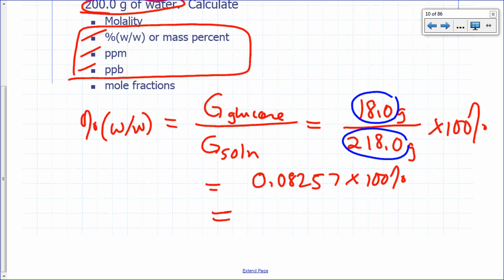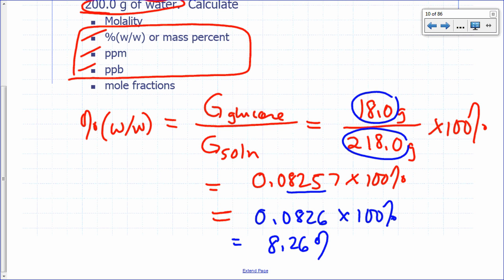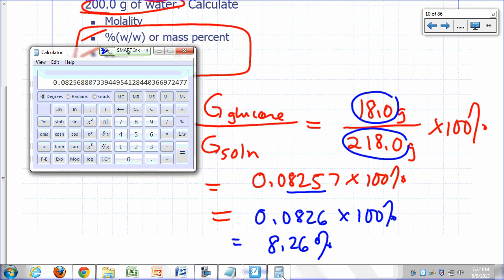That means you need to keep 3 sig figs, 0.0826 times 100%. That's going to be 8.26%. Okay. Is that right? Let me just verify my numbers. 18 divided by 218 times 100. Yeah, 8.26%.